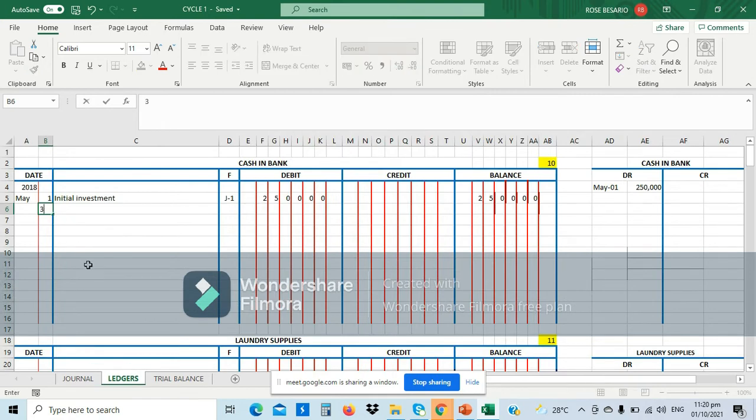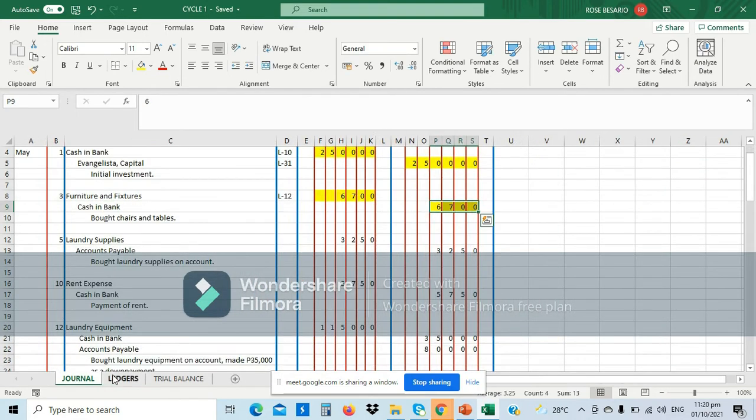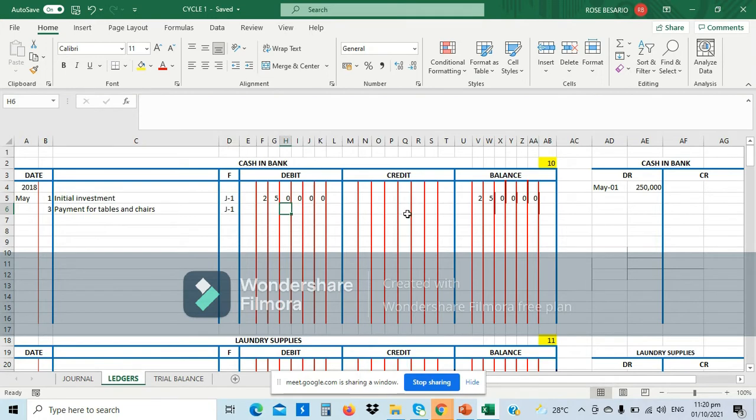Then our explanation is payment for tables and chairs. Okay, so taken from J, journal page 1, that is 6,700. So this is credit. So we'll have now our running balance.